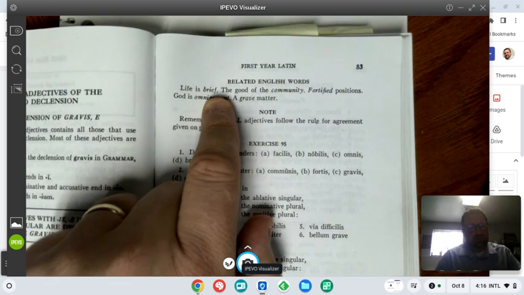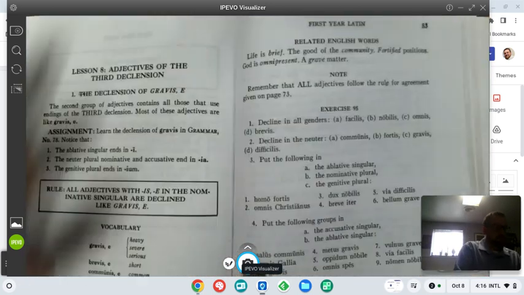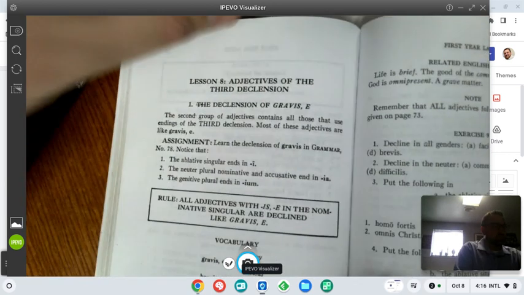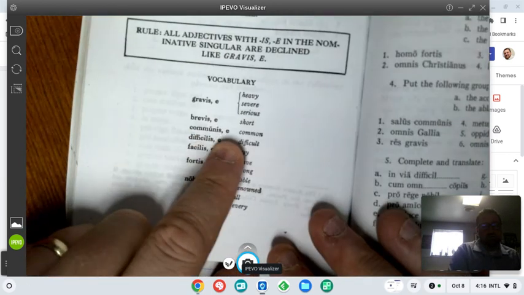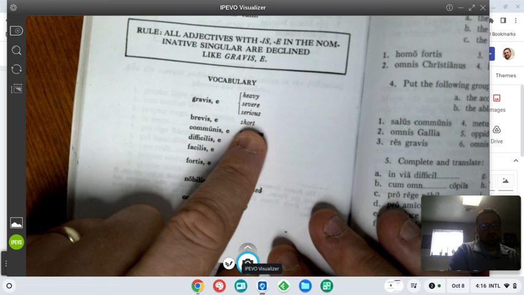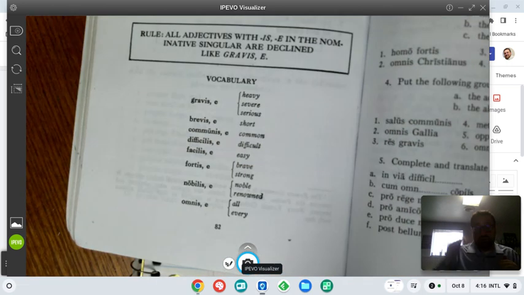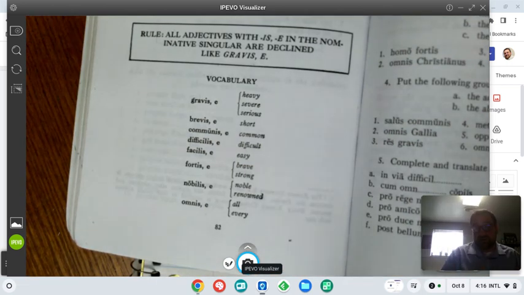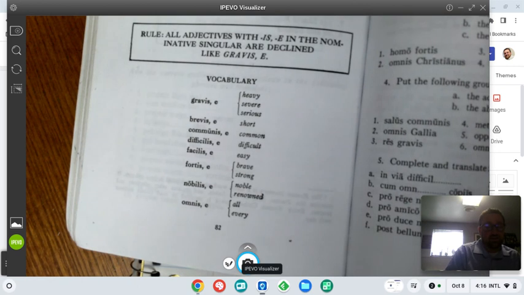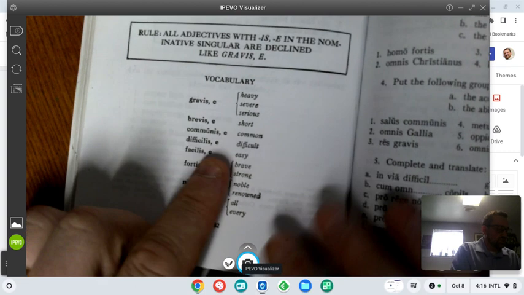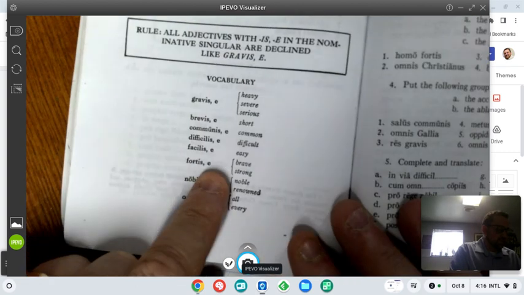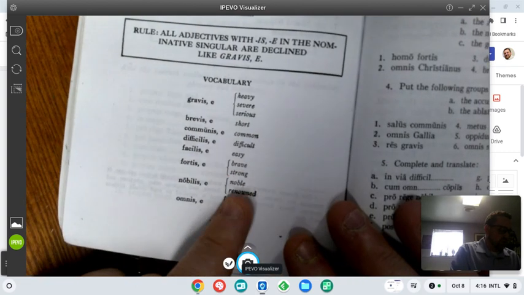So brevis, breve. Oh, no, I guess I should show you the words first. You have brevis, breve, communis, commune. So this means short. It can be both short in terms of the length of something or the time. So just kind of like English. Communis, commune means common. Difficilis, difficile. Facilis, facile. Fortis, forte, brave or strong.